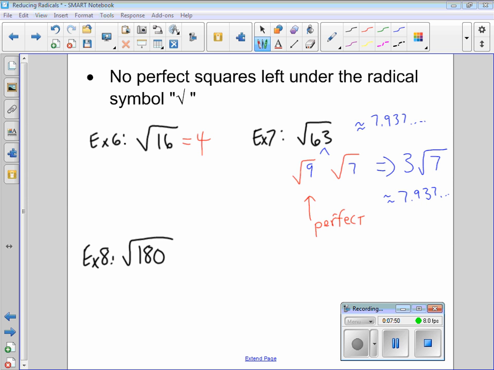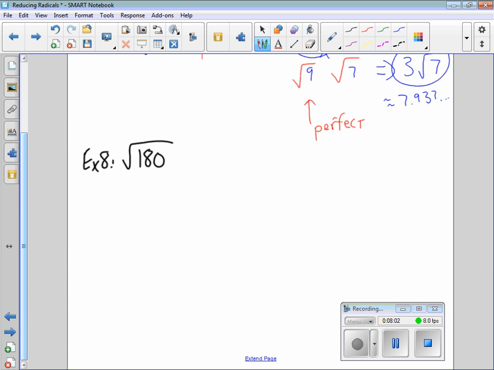That tells me that I've done my work correctly. If I plugged each number into my calculator and got 2 different numbers, I've done some kind of simplification error, okay? All right, so go ahead and put me on pause and see if you can do the square root of 180. Look for perfect squares.